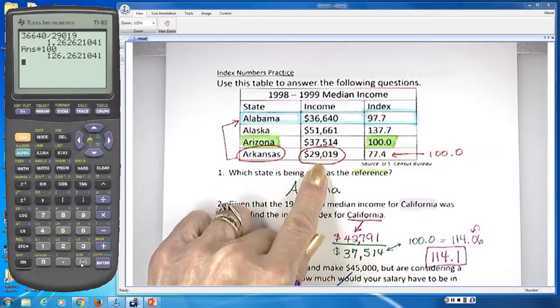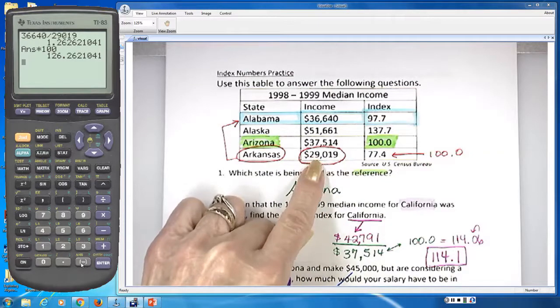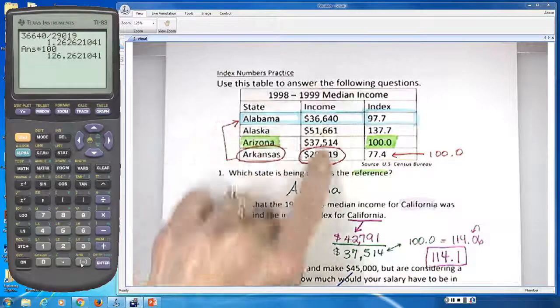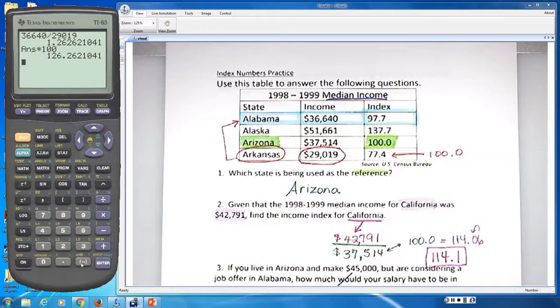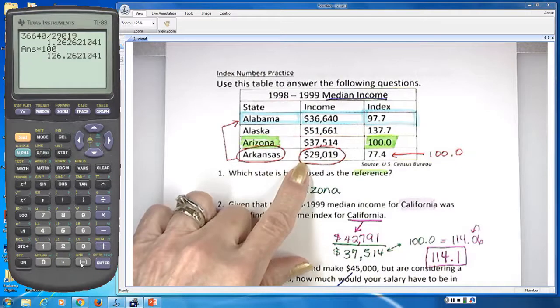Be careful that you're using your actual median income. This is the median income in all these states. So you always go back to the money that's the normal for the state that you're going to, regardless of what you're making. You may be making more or less than that normal. Okay? So that's why you use the 29,019, because that's making Arkansas the reference value.